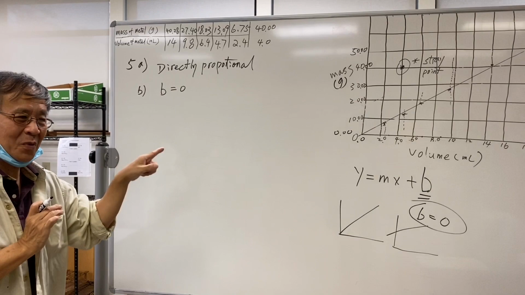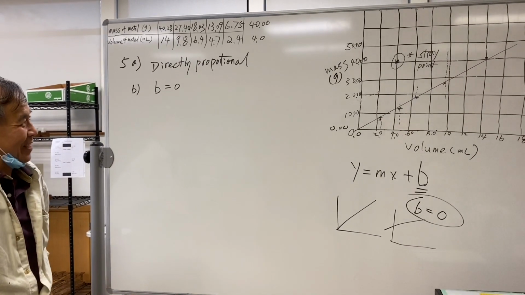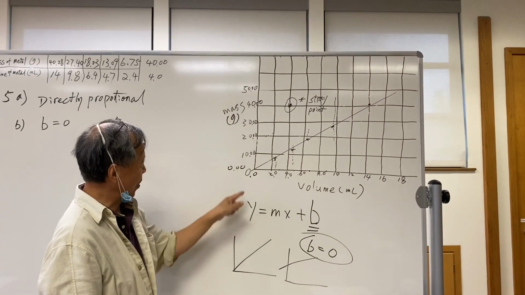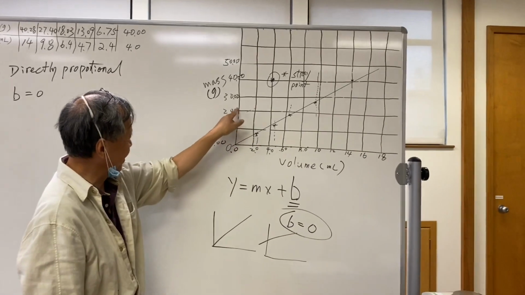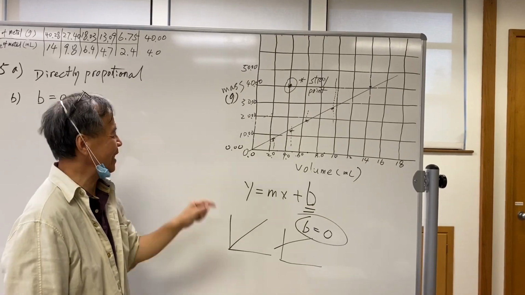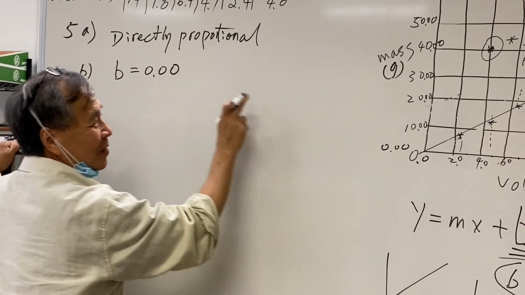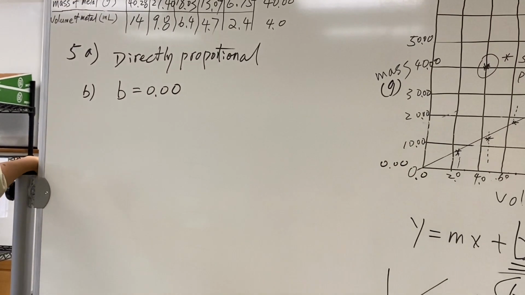Here you will get 1 point or you will lose 1 point. Examine your y. Your y here has 2 digits after the decimal point. 0.00 is correct.